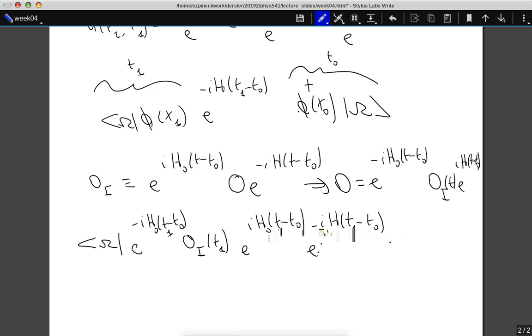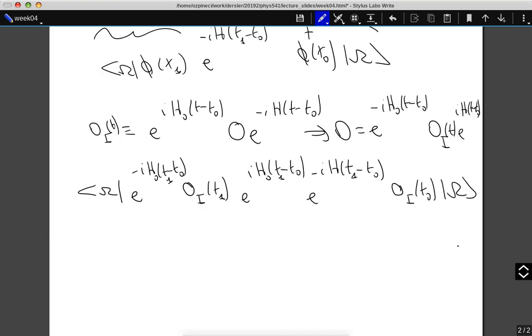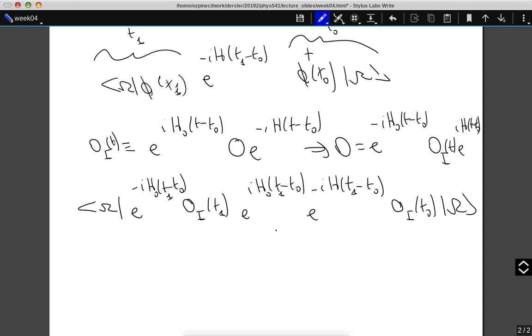And then this is the reference time, so when t is equal to t0, the interaction picture operator and the Schrödinger picture operator are essentially the same. Well, you see, this is nothing but what we call U(t1, t0).